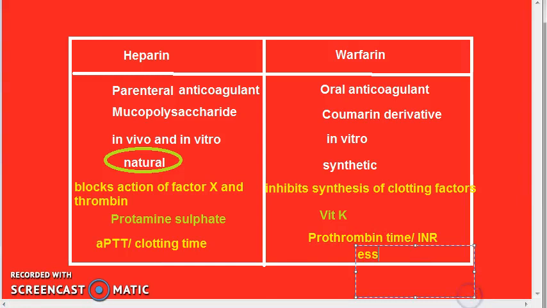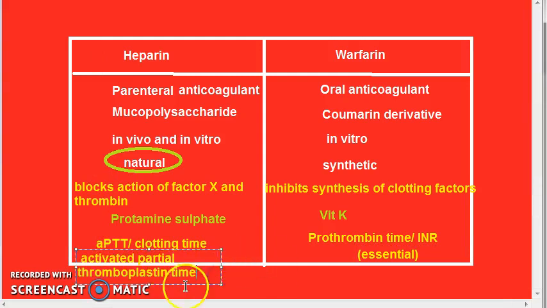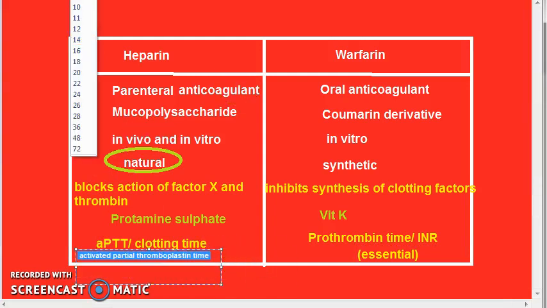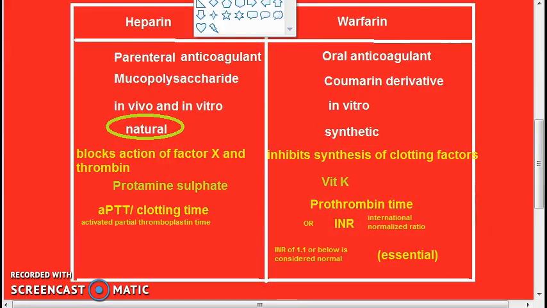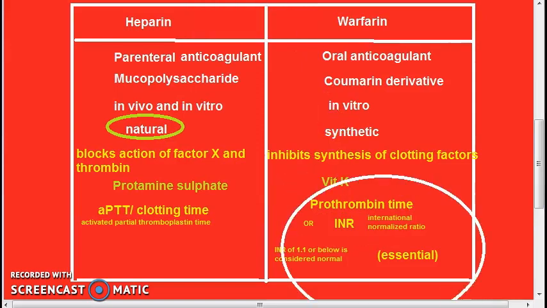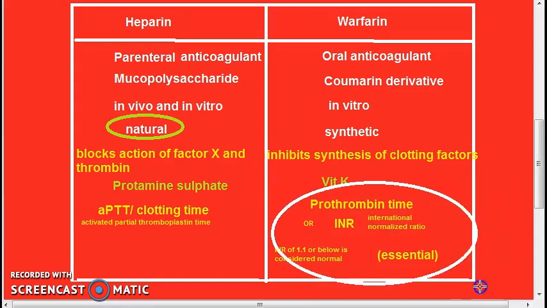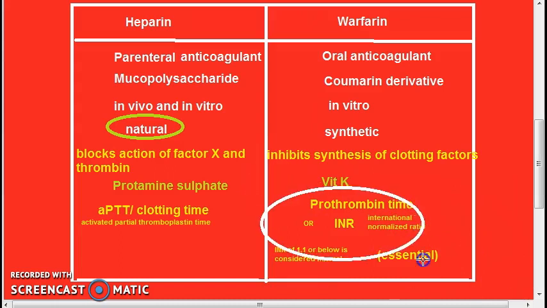This is essential. Okay. APTT means activated partial thromboplastin time. And for warfarin, you have to monitor prothrombin time or INR, that is international normalized ratio.